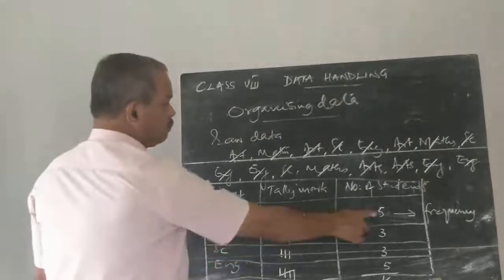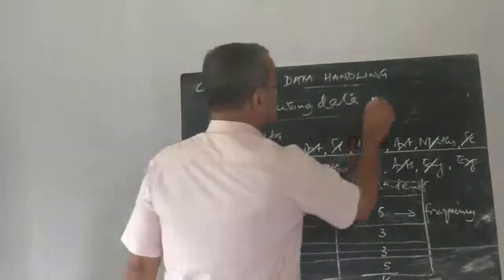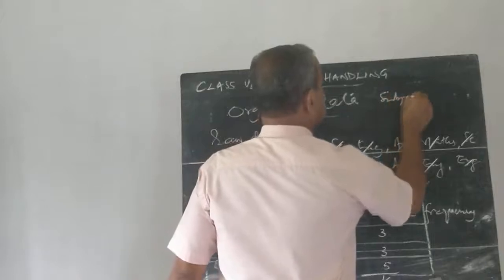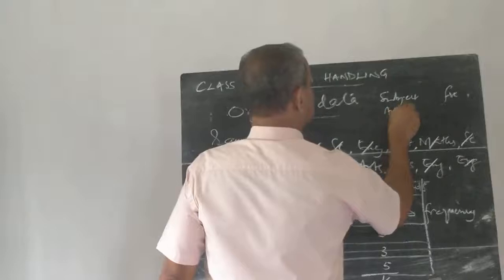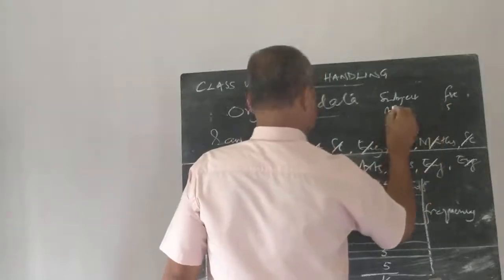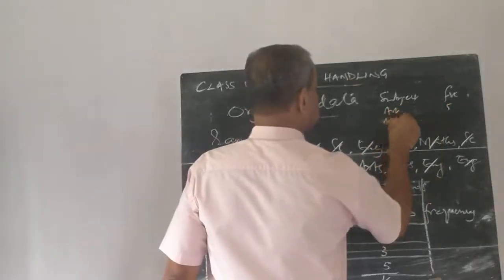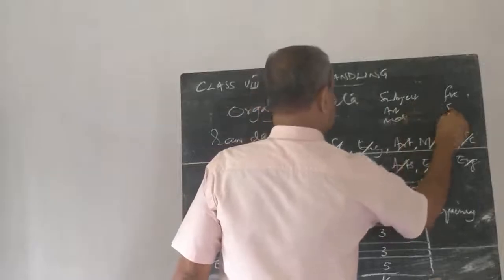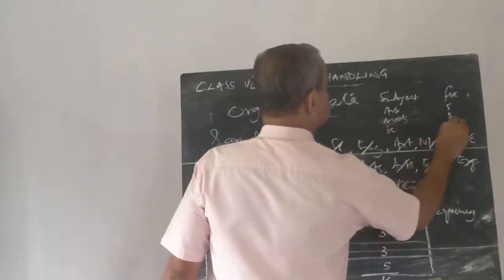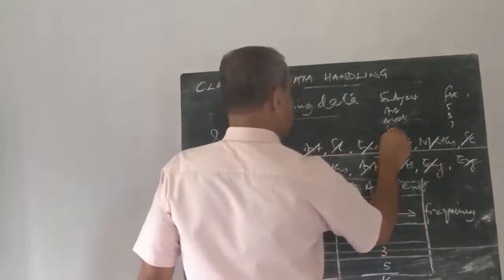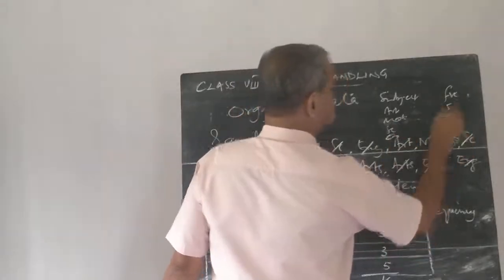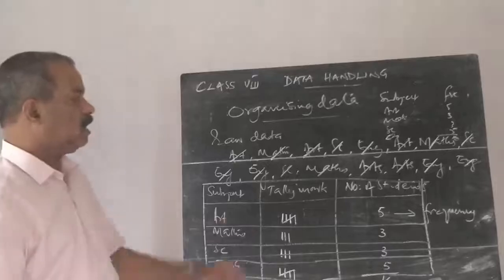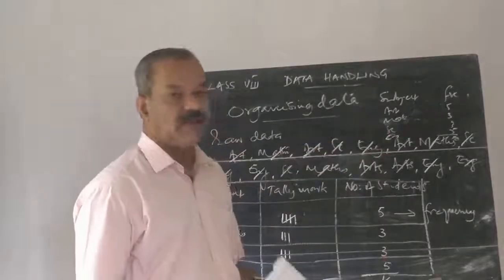Subject and frequency. Art 5, maths 3, science 3, English 5. Total 16. This is the grouped frequency table.